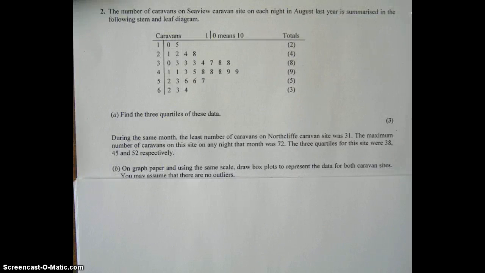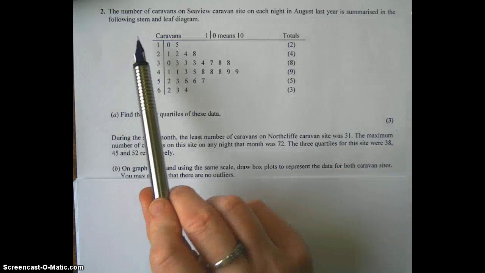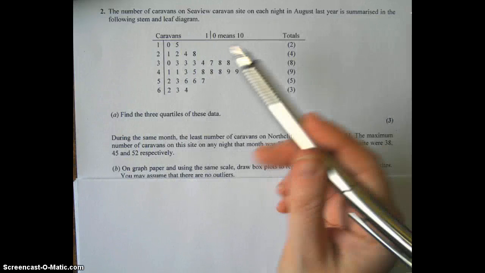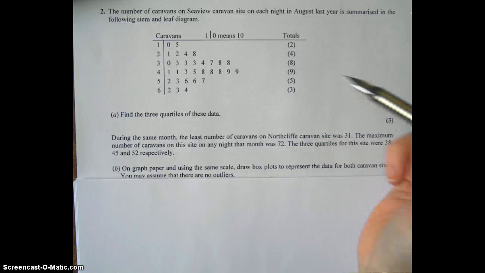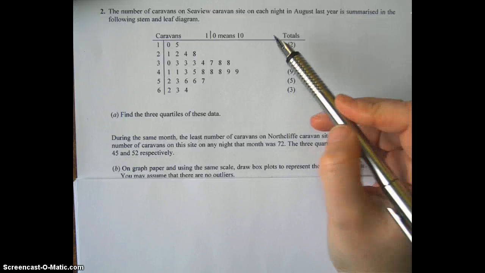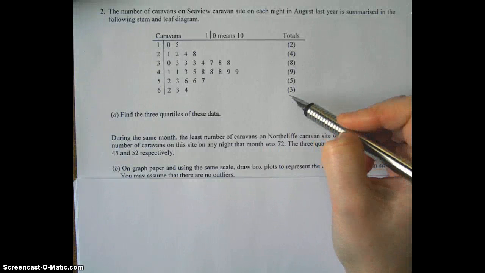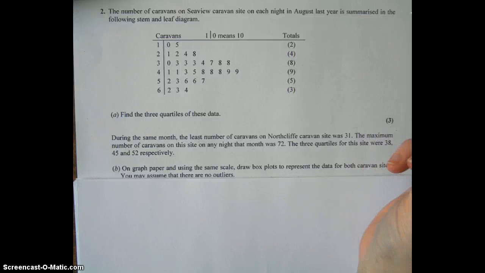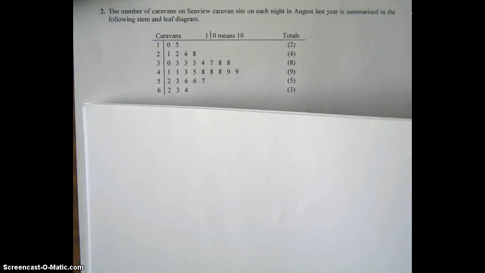Okay, question 2 is this stem and leaf diagram. It's telling us about the number of caravans on a caravan site each night in August. Find the 3 quartiles. First of all, we need to know how many there are altogether. If it's August, it's 31, or you can add all of these numbers up and get 31. If I want to find the quartiles, this is discrete data.